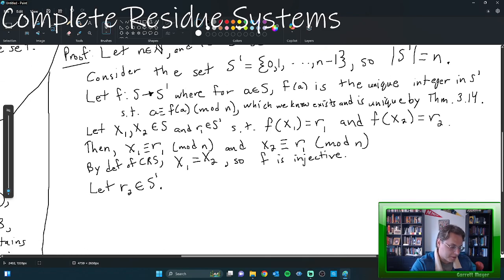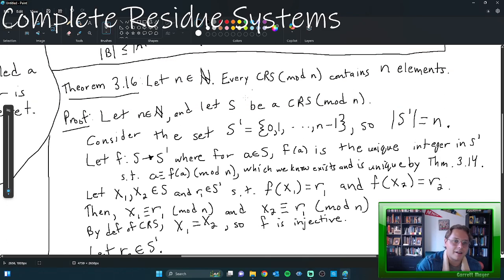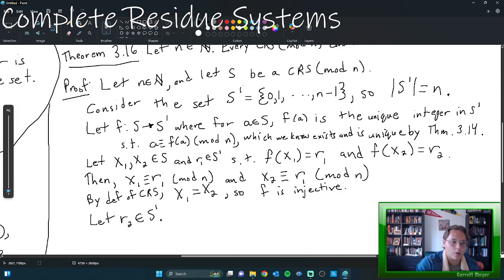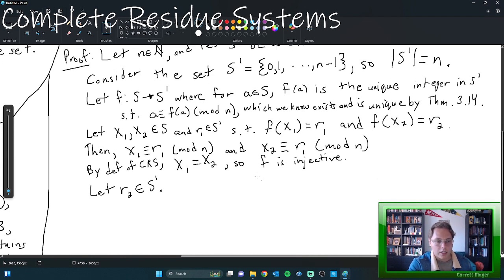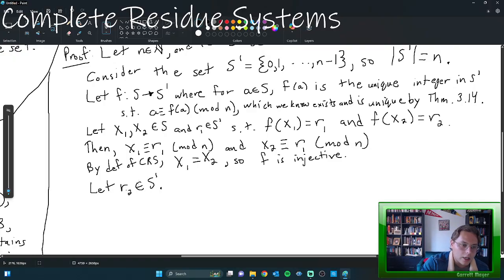Well, what we know by the definition of a CRS again, the specific wording is: it's called the complete residue system modulo n if every integer is congruent modulo n to exactly one element of the set. So every integer has to be congruent to an element of the set, including R2.